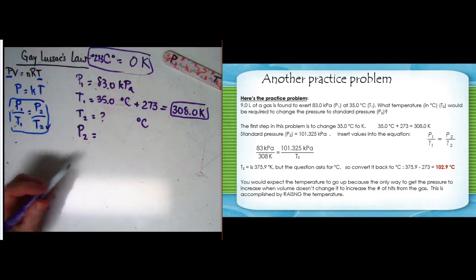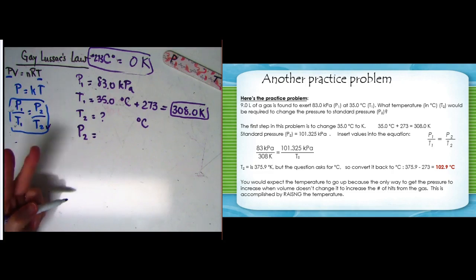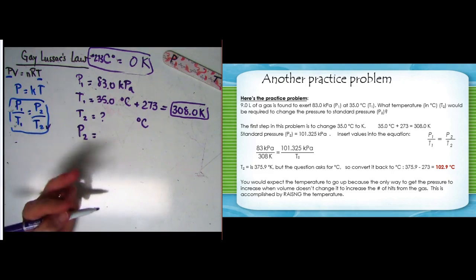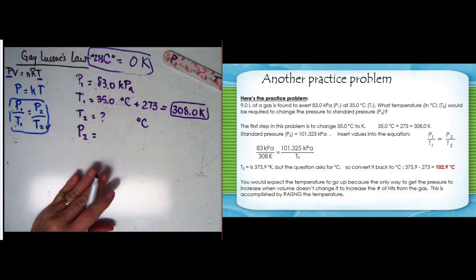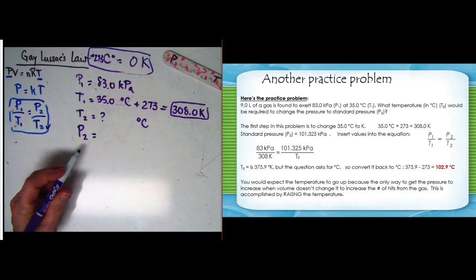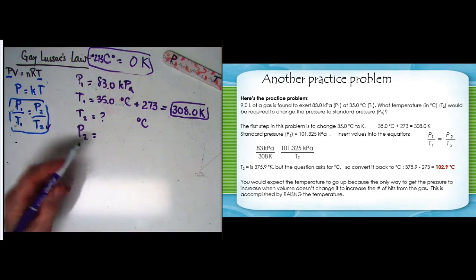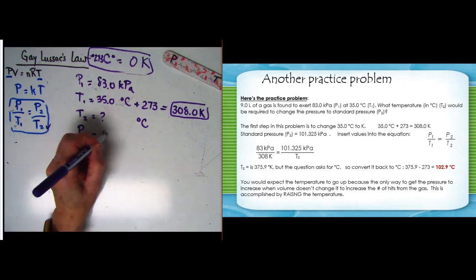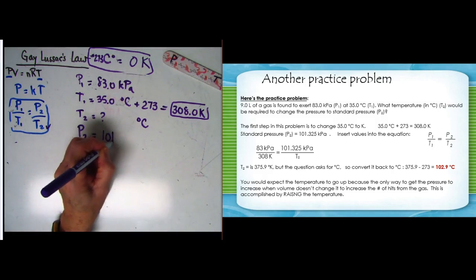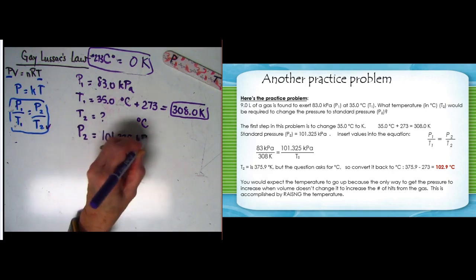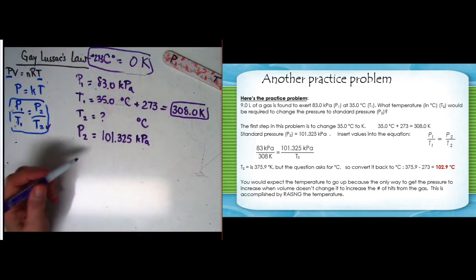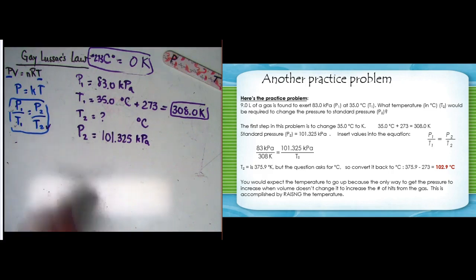Remember, pressure can be in atmospheres, kilopascals, millimeters of mercury, a whole bunch of different ways, but for kilopascals, I asked you to remember the number. The standard number for pressure in kilopascals is 101.325 kilopascals. So you may have to go back and get some notes, but that's what you're going to use for your P2.